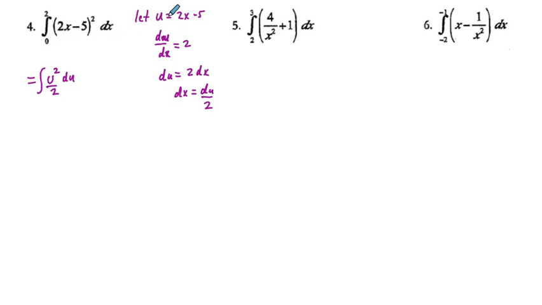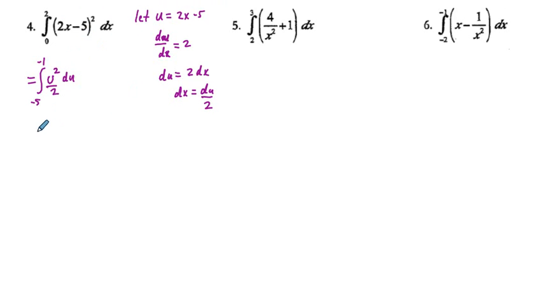So if we plug in 0 in the place of x, we're going to have u: 2 times 0 minus 5 is going to be negative 5. And now if we place 2 in the place of x, we're going to have 2 times 2 minus 5, which is going to be negative 1.